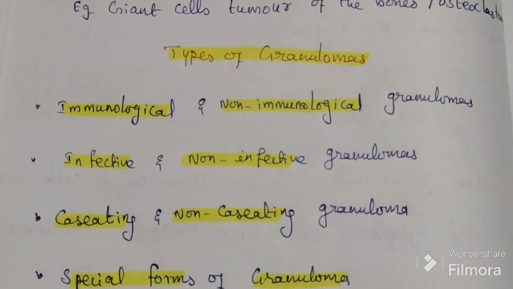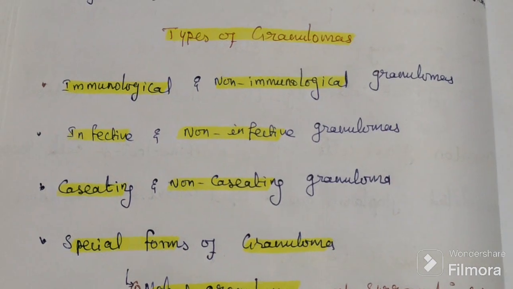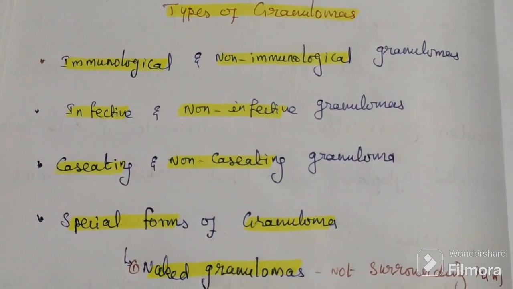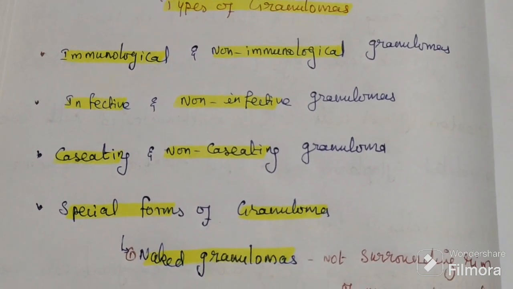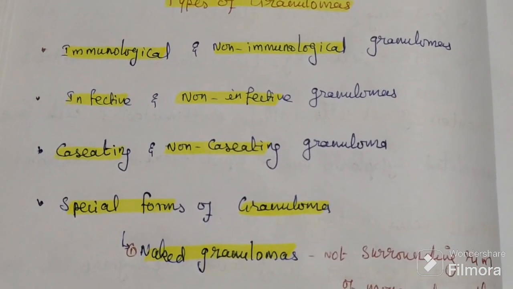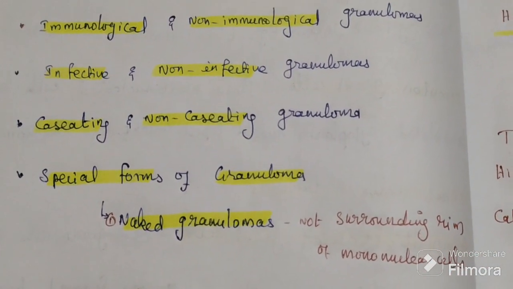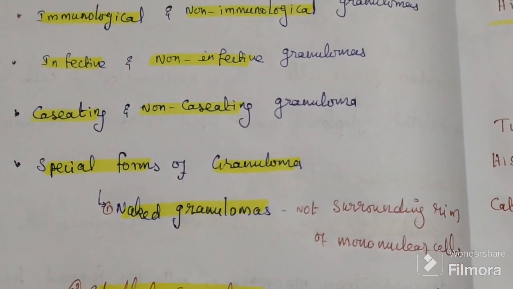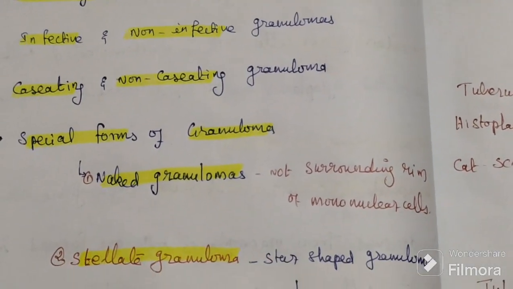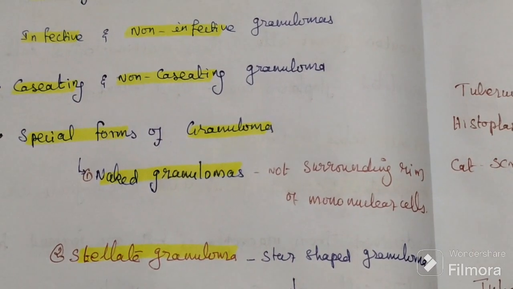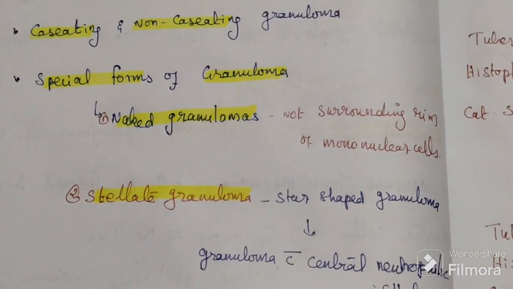Next, types of granuloma. There are important types: immunological and non-immunological granuloma, infective and non-infective granuloma, caseating and non-caseating granuloma. Then special forms of granuloma, for example necrotizing granulomas and stellate granuloma.